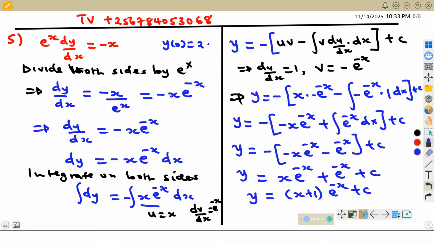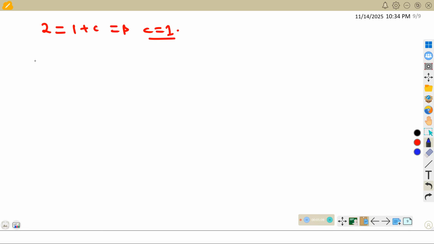This implies that c is equal to 1. Therefore y will be equal to (x plus 1) e to the power negative x plus c, which is 1.